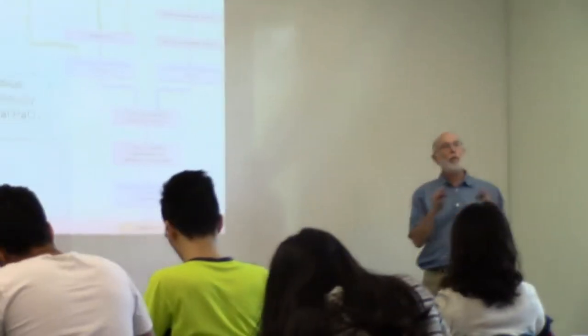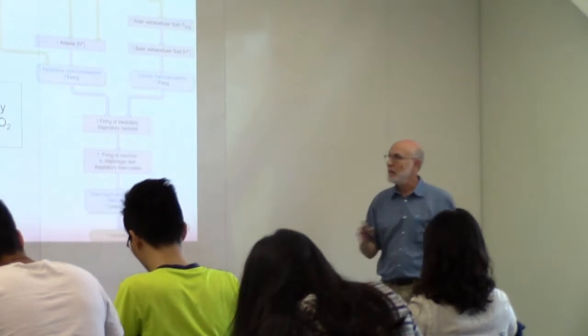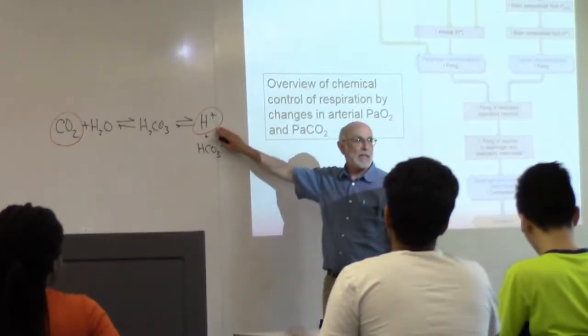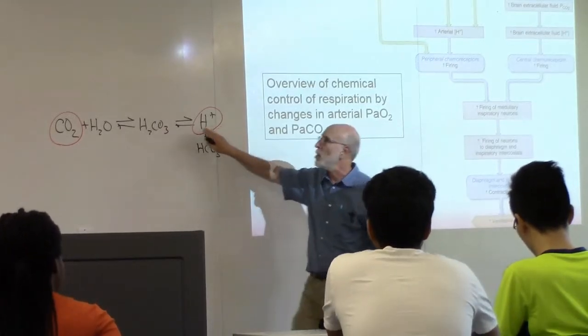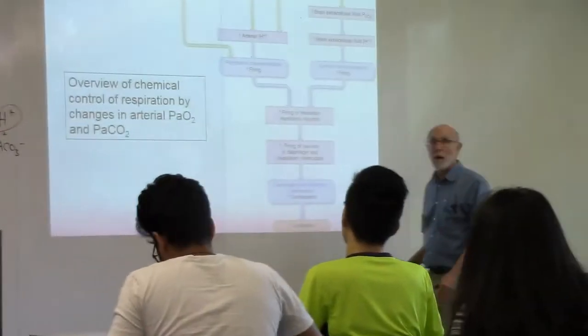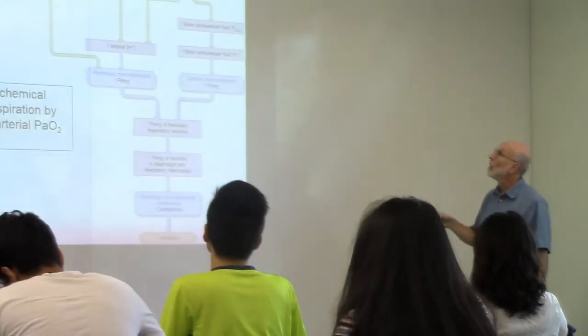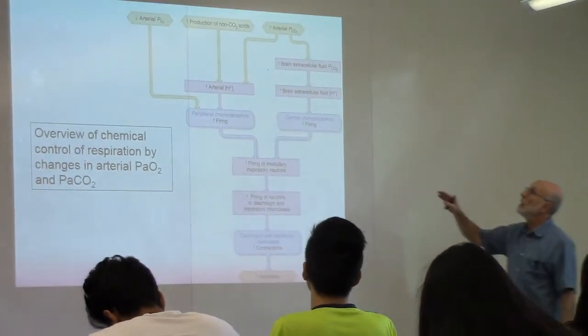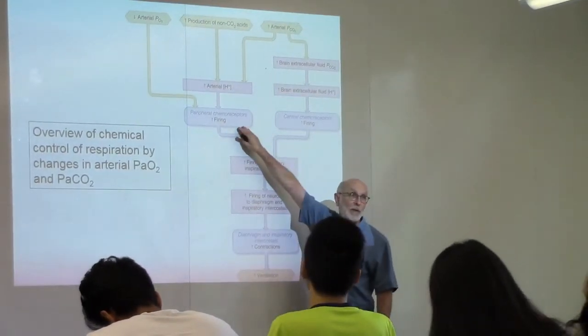So we also detect PO2. The point is we detect PCO2, but mostly by detecting the acid that the CO2 produces. Acid becomes the thing we detect in order to detect CO2. We also have oxygen sensors, but they are located only in the peripheral chemosensors.